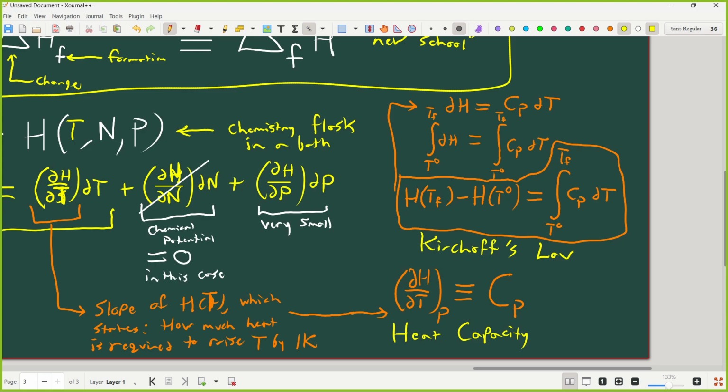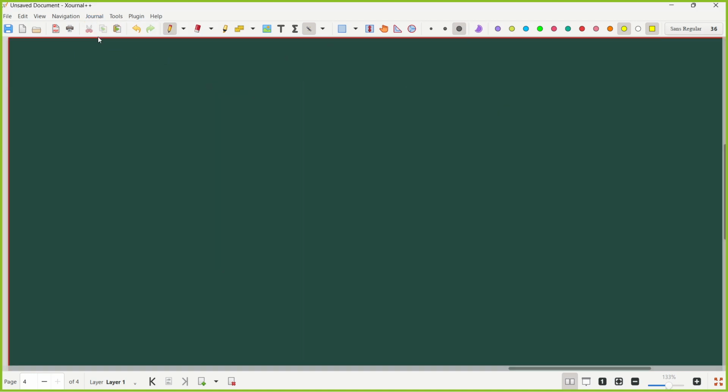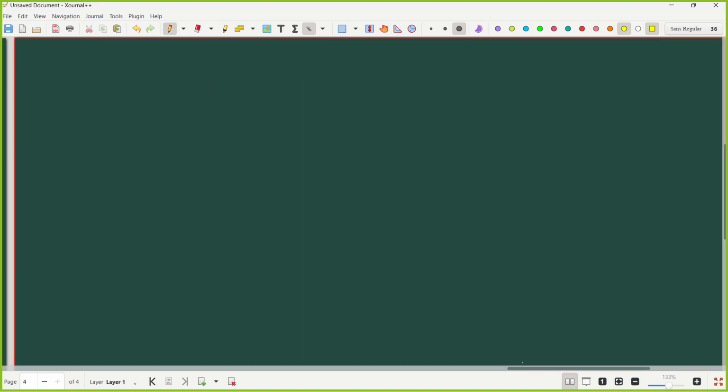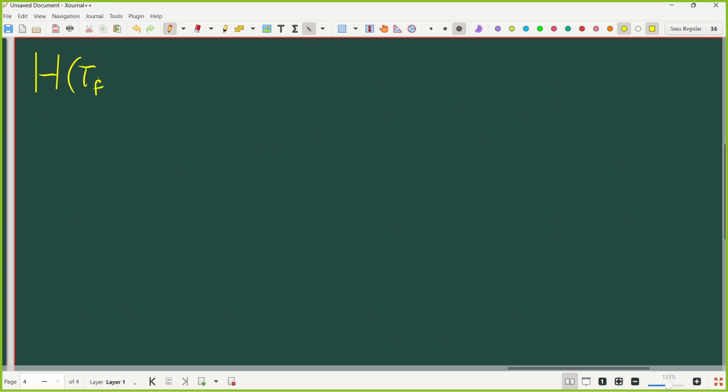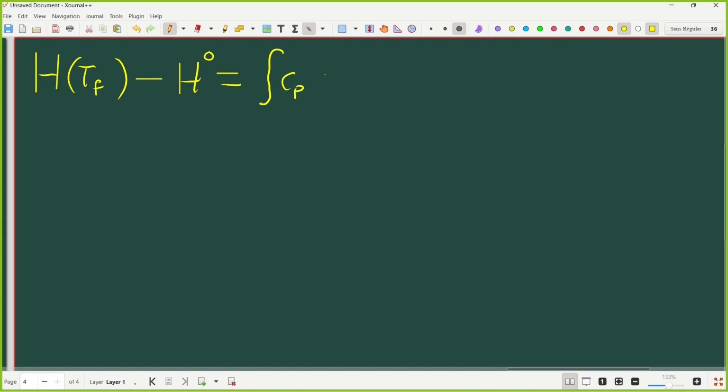Now, let me just take this and move it over. Good, got 30 minutes, fantastic. So we have H of T final minus our standard enthalpy is equal to the integral of Cp dT from our initial temperature to our final temperature.